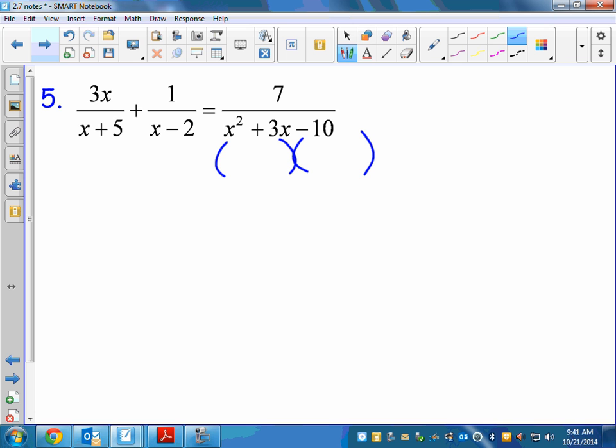Really nice is if this factors into these two terms, which means you only have a common denominator of 2 terms. Not necessarily always going to happen, but it happens a lot. Which means you say, well, sorry, I guess I should wait for you to write this down. I'm just so excited to do this problem.